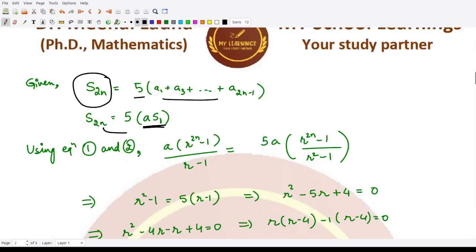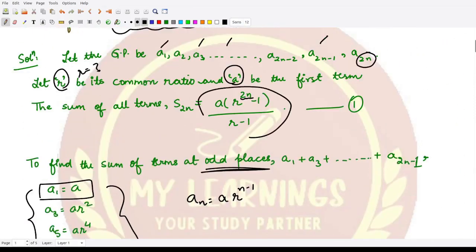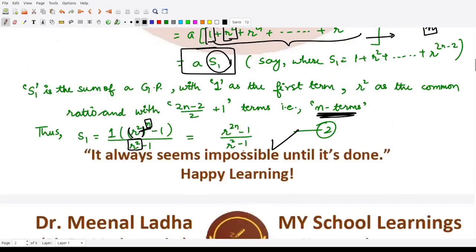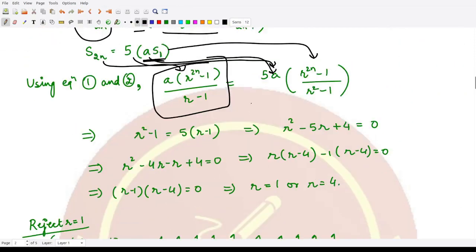So you can now substitute the value of S2n using equation 1 from here. And moreover, 5 would be as such, a would be as such. The sum S1 could be written here using equation 2. So writing it here, now we have to simplify the things.